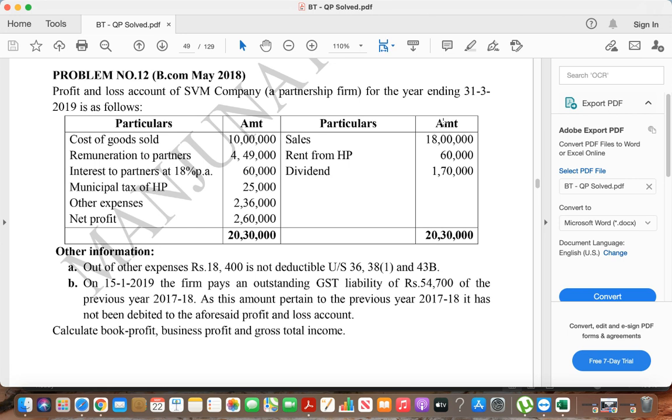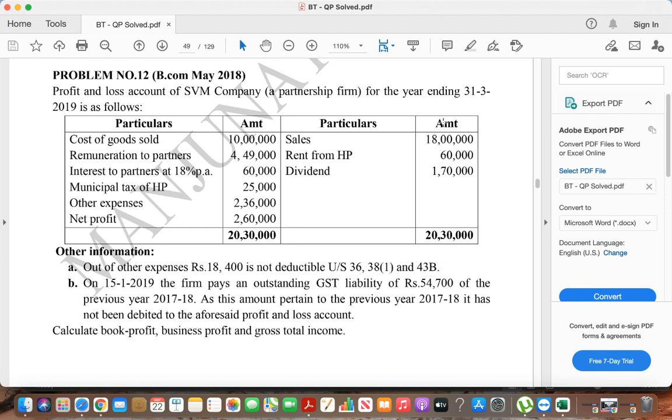Now shift to the credit side. Sales, 18 lakhs. Next, rent from house property, 60,000.